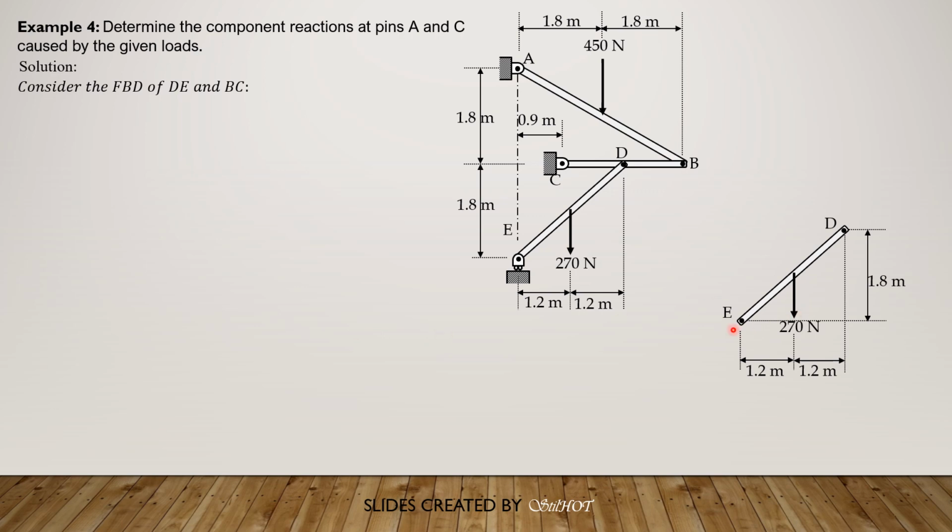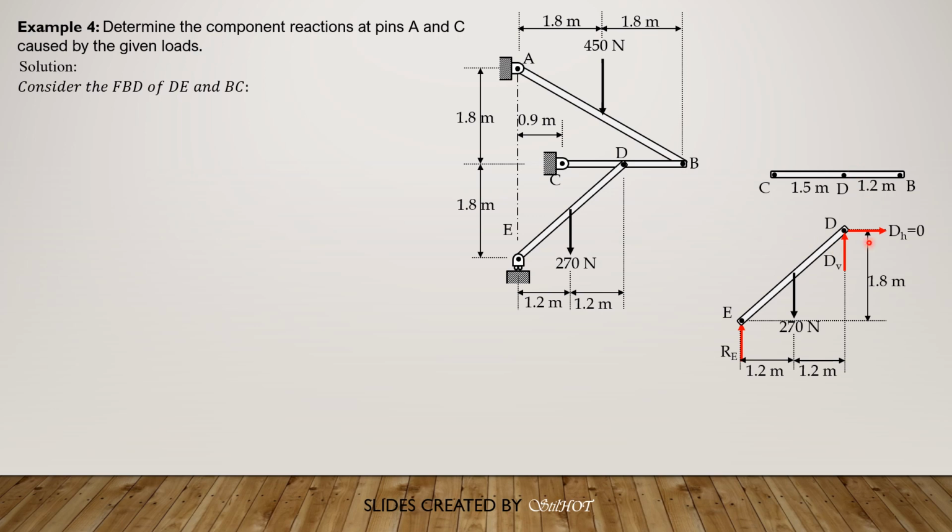Because E is a roller, we have only one reaction component at E, which is upward, as well as at D. Then D_H is obviously 0 if we sum up forces horizontal. We have here also the free body diagram of member BC.